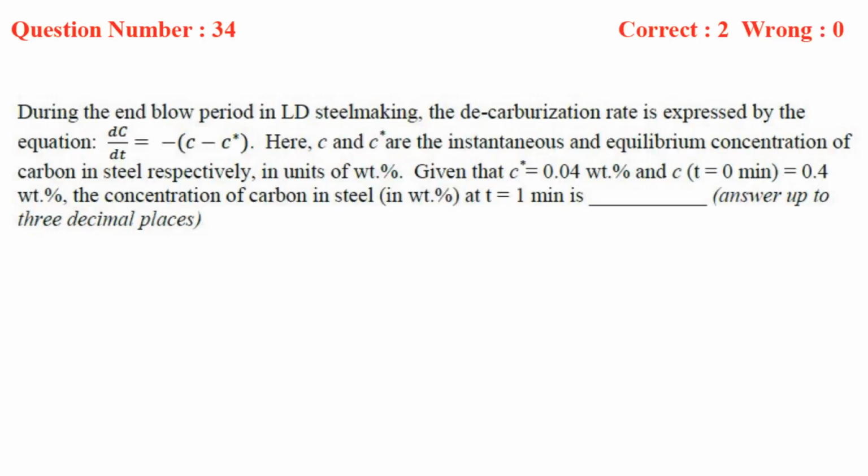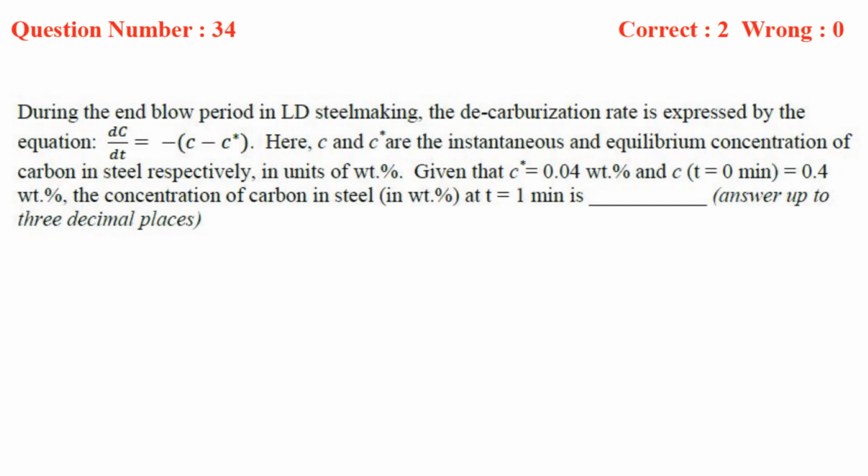See the first question. During the end blow period in LD steel making, the decarburization rate is expressed by the equation dC by dt is equal to minus (C minus C star). Here C and C star are the instantaneous and equilibrium concentration of carbon in steel respectively, in units of weight percent.